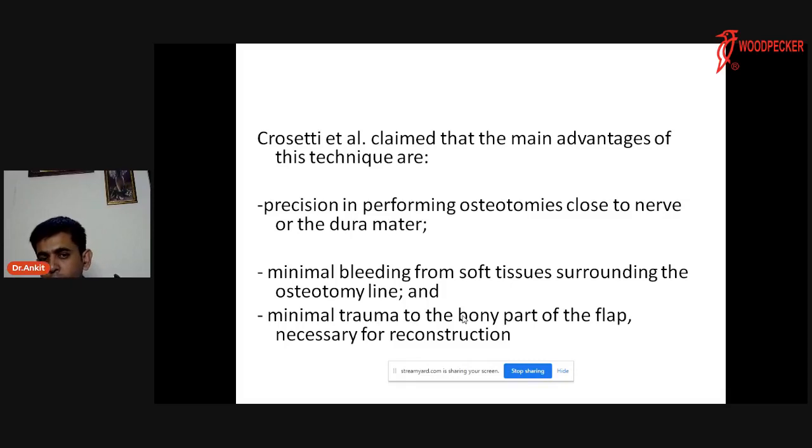If we reduce the bony margin less, then obviously the reconstruction, considering the graft and the membrane, would also be required in a very small quantity. So minimal trauma is there to what is required for the reconstruction, right?